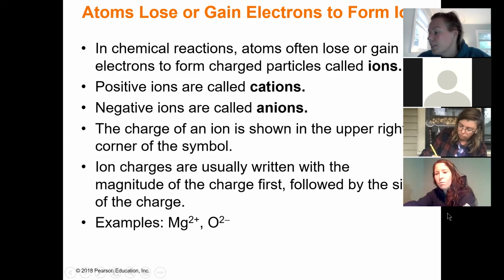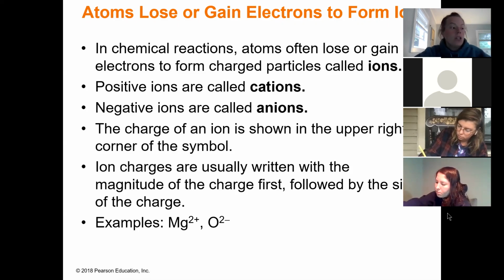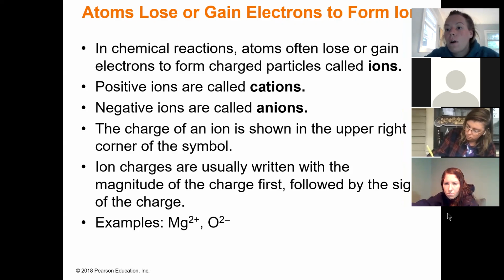If instead of 6 protons we had 7 protons, we would no longer be carbon, we would be nitrogen. So you cannot change protons, but there are ways for atoms to have varying amounts of electrons and varying amounts of neutrons.